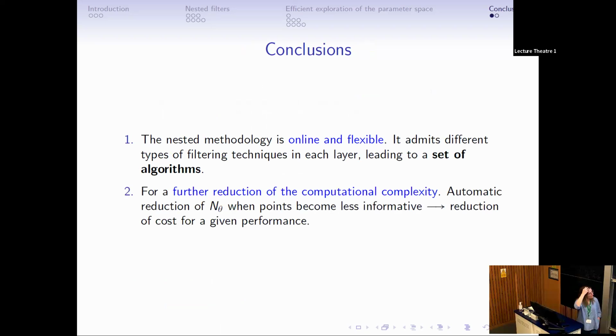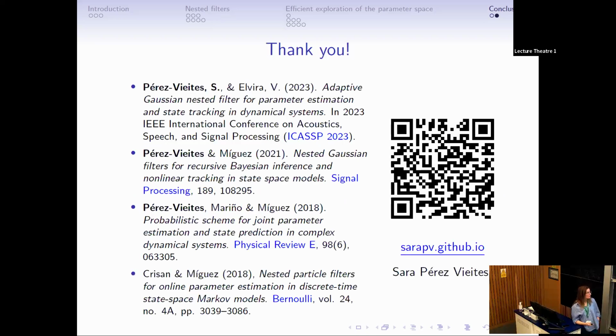And for a further reduction of the computational complexity, we've been playing with this adaptive number of particles. And I think that many more things can be done in this sense. So yeah, that's basically it. These are the references: nested hybrid, nested Gaussian, the adaptive number of particles, and this is the paper where the jittering was introduced. Okay, yeah, and that's it.